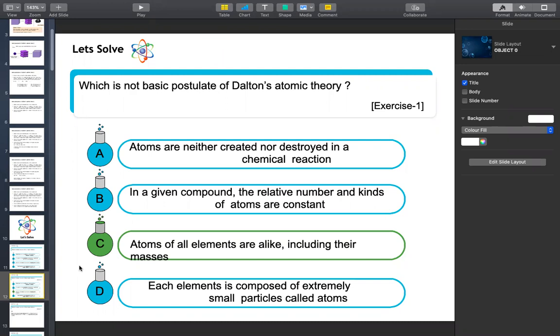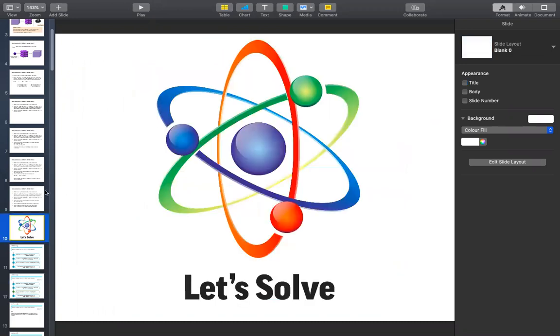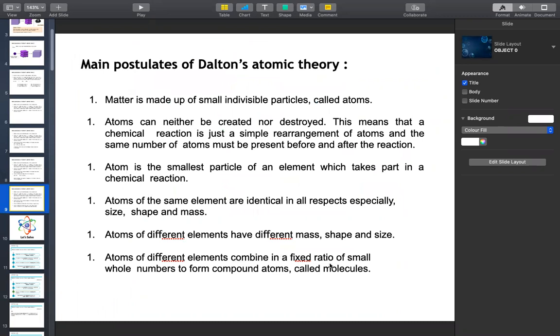No, atoms combine in a fixed whole number ratio. The last thing: atoms of elements combine in a fixed ratio of small whole numbers to form compounds. This was given by him only. That is a different thing from the law of chemical combination, where we use this.